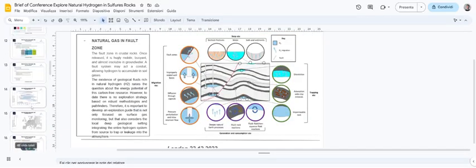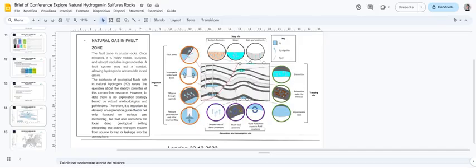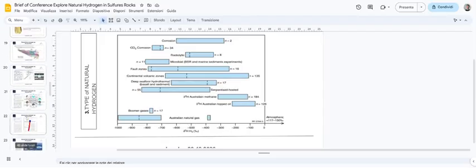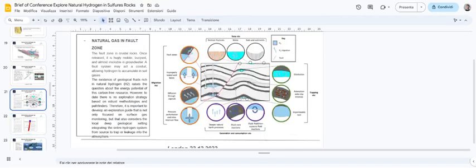As we just saw in one of the first slides that summarize where we can find hydrogen, we also have a fault zone with a high probability of finding natural hydrogen. Once released in crustal rocks, hydrogen is highly mobile, buoyant, and almost insoluble in groundwater.